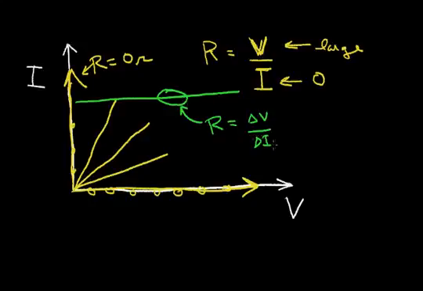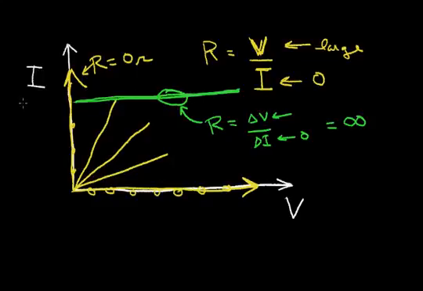Well, the current change is 0, and the voltage change can be quite large. Anything divided by 0 is equal to infinity. So a current source, this horizontal line, you can think of as having infinite resistance.